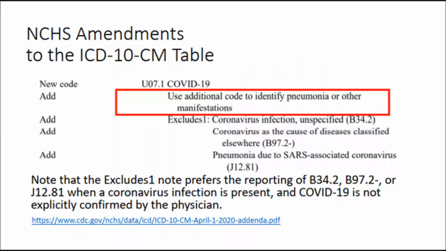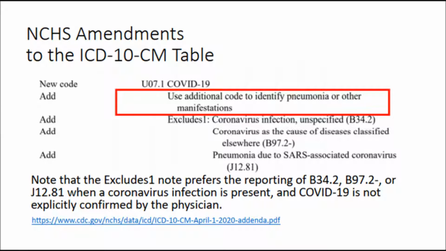New code, U07.1, COVID-19. Add: use additional code to identify pneumonia or other manifestations. Add: excludes 1, coronavirus infection, unspecified B34.2. Add: coronavirus as the cause of diseases classified elsewhere B97.2.